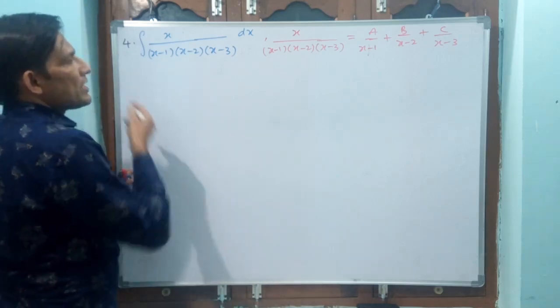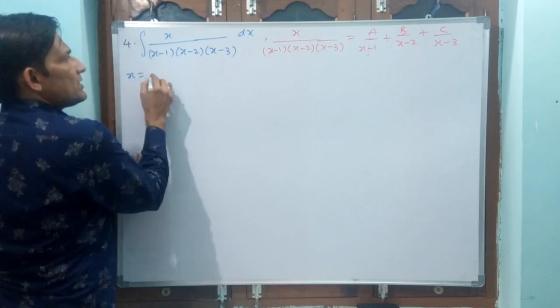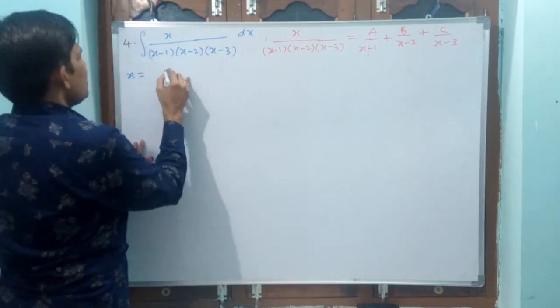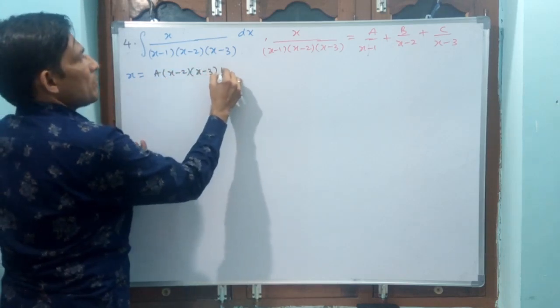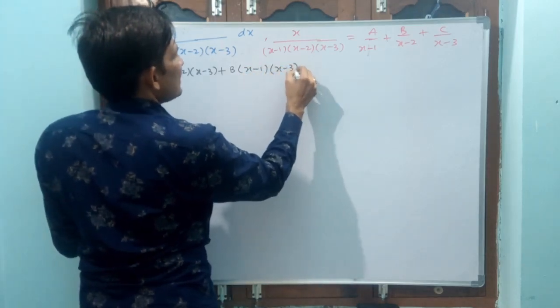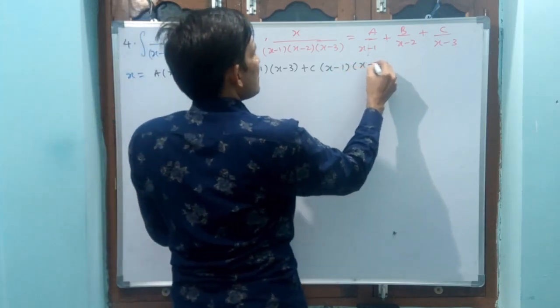Because the denominator you need not equate after cross multiplication. You see what I am doing? x is equal to a into x minus 2 into x minus 3 plus b into x minus 1 into x minus 3 plus c into x minus 1 into x minus 2.